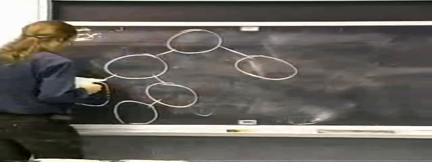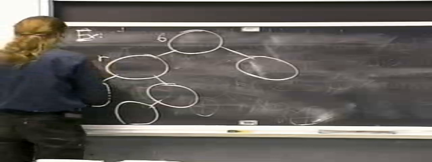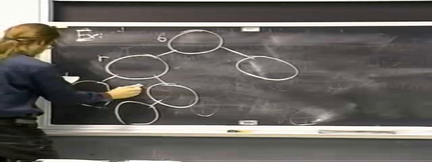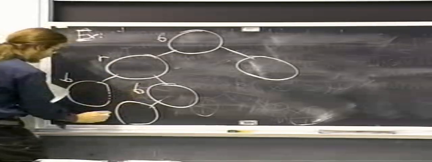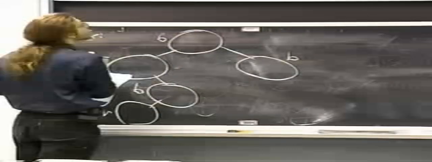Why don't I draw the tree? Okay, so this is a red-black tree. Why don't I put in colors? I didn't do this last time, but let's do it now. Okay, and I want that set of intervals.